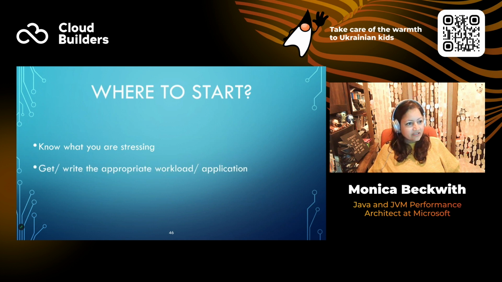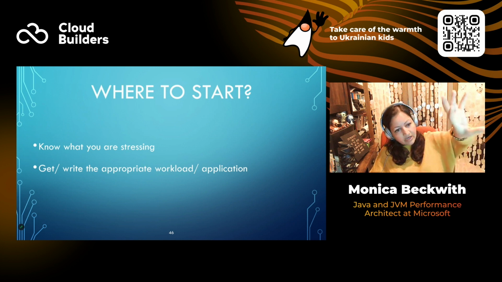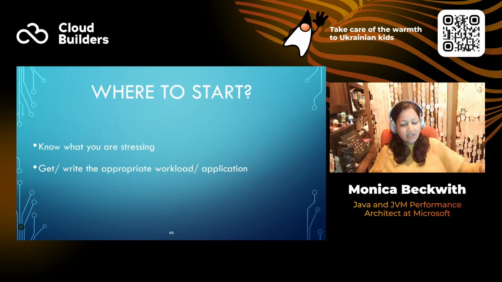So, three things. You know what you're stressing, like the system under test, right? If you have the right workload, because you're doing the top-down methodology, you already have that. Otherwise, if you're doing it from the bottom up, you need to get the right application to stress that platform. So either you have it, or you go and get it, or write a benchmark, for example.